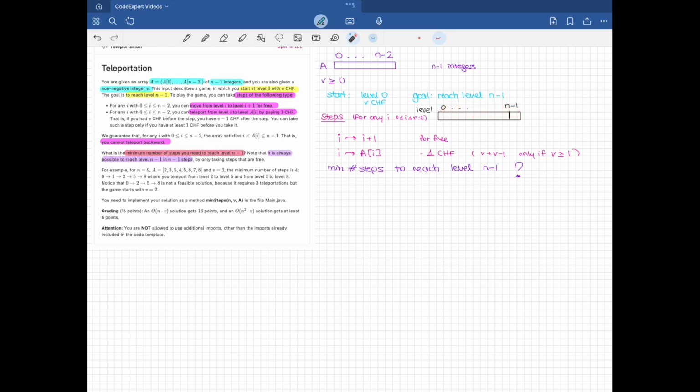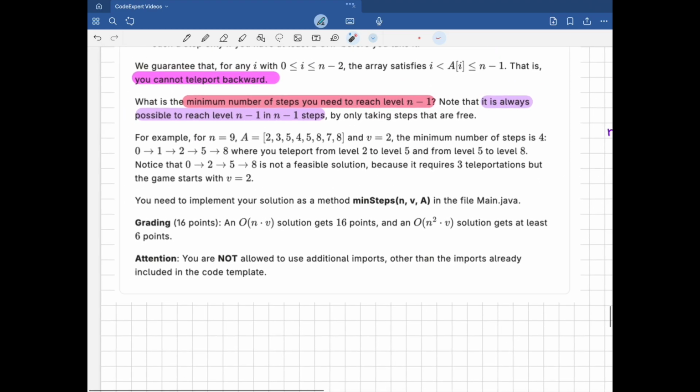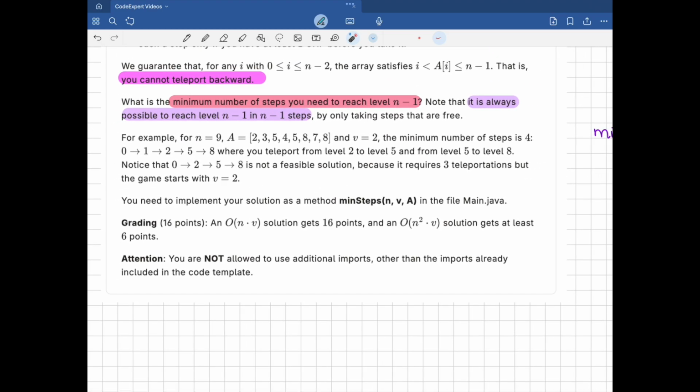Okay. And let's look at an example. For example, for n is equal to 9, we have this, and v is equal to 2. The minimum number of steps is 4. How does that happen? It starts from level 0, goes to level 1 with no francs, goes to level 2 with no francs.